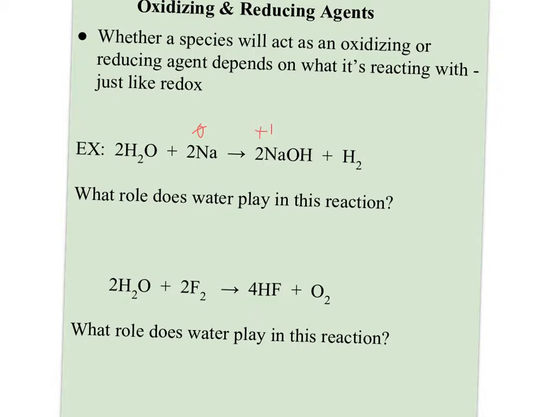That means Na is being oxidized, so water is playing the role of oxidizing agent. It's allowing sodium to be oxidized. Whereas in this second equation, F2 is going from 0 to -1. So fluorine is gaining electrons or being reduced, and water is what it's reacting with for that to happen. So now water is being the reducing agent.